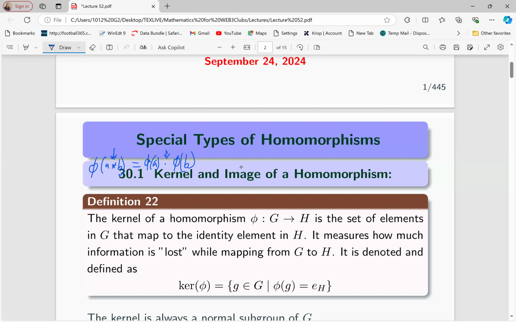So we have the domain and we have the codomain.